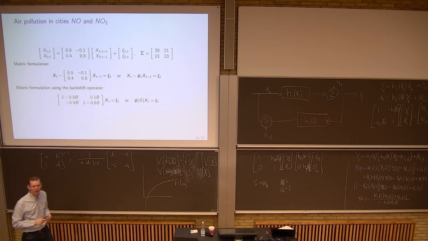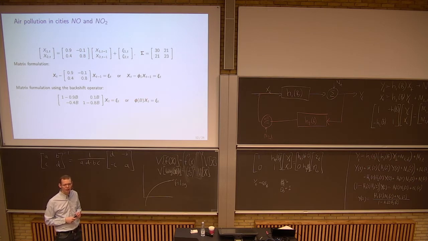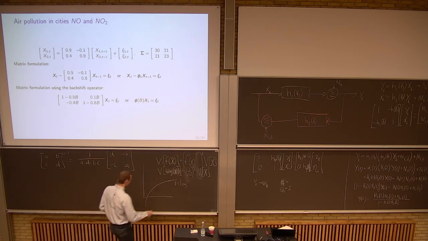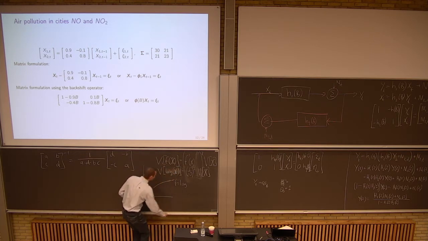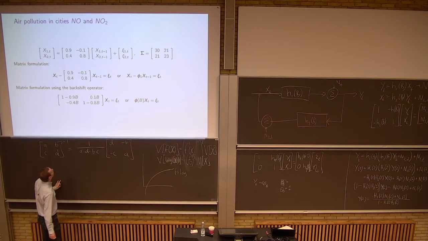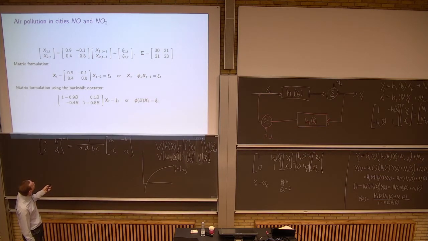Yes? Is it possible that, say, right now we have x1 at t minus 1, would it be possible to have, say, x2 at t minus 2, so that x1 is an AR1 model and x2 is an AR2 model? Yeah, you can always do that.